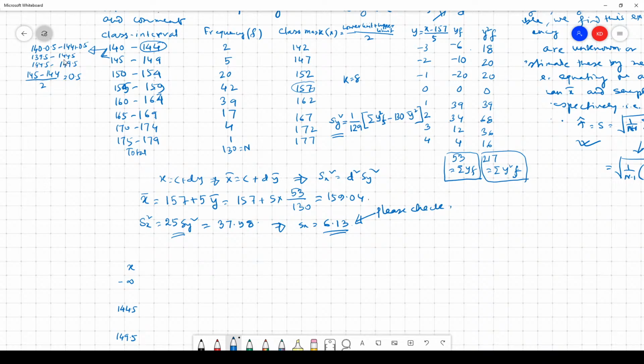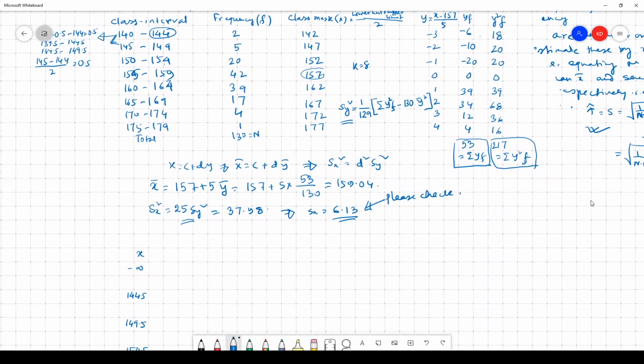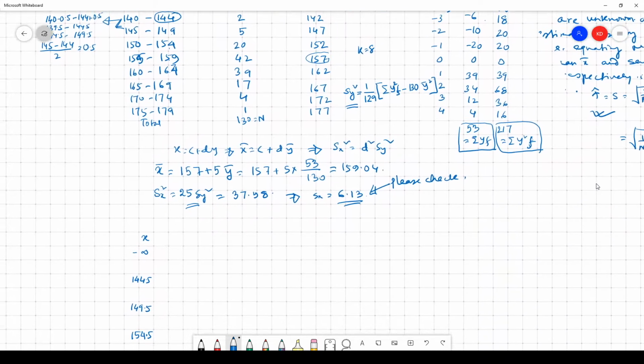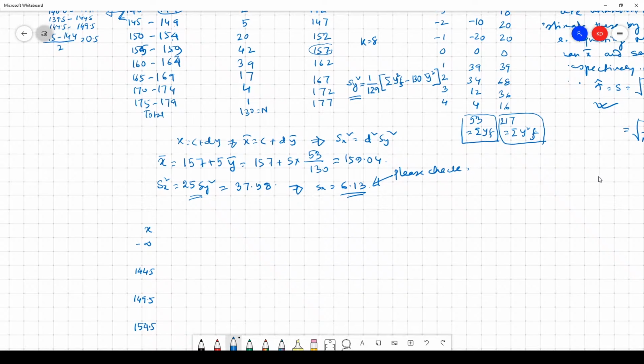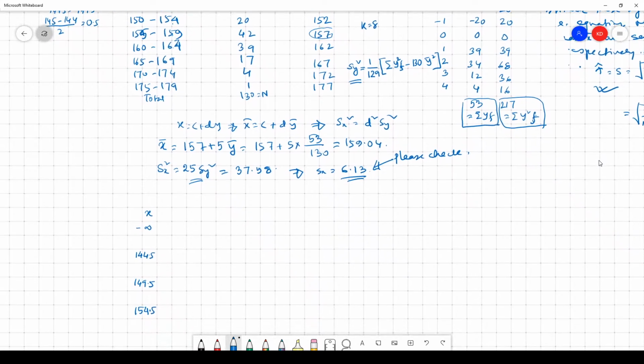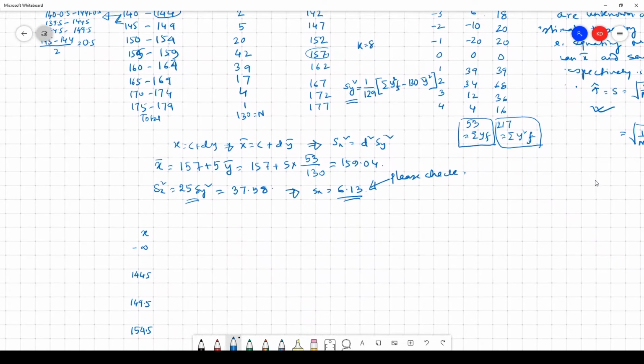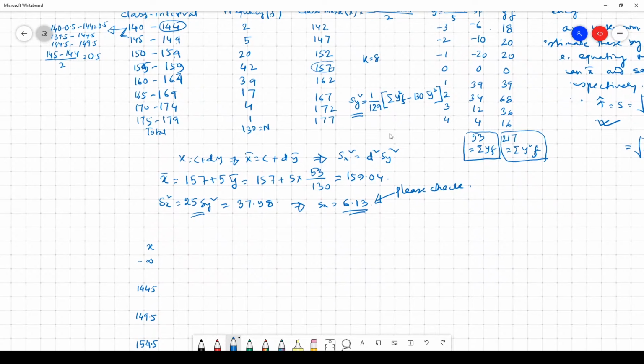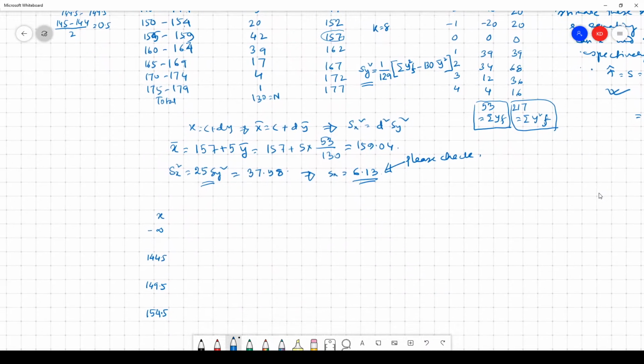Okay, so here in this table, instead of considering class interval, I consider class boundary, because class boundary is continuous. These are the upper limits. See that 144.5 is the upper limit of the class boundary. 149.5 is the upper limit of the class boundary, and so on.